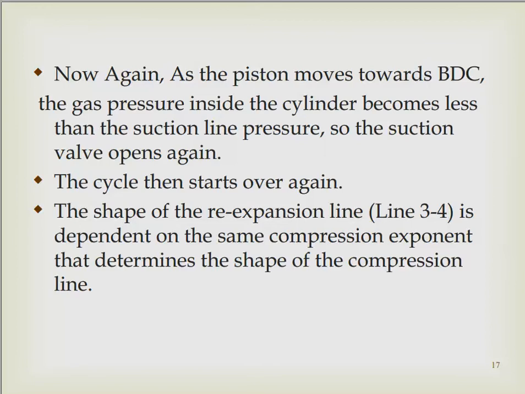Now again, as the piston moves towards the bottom dead center, the gas pressure inside the cylinder becomes less than the suction line pressure. So the suction valve opens again. The cycle then starts over again.